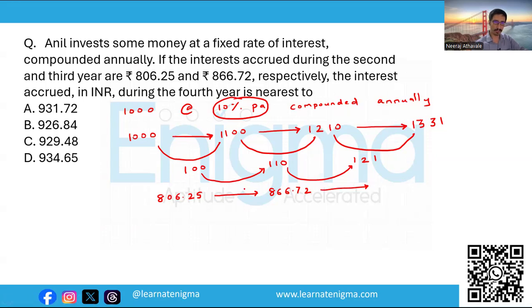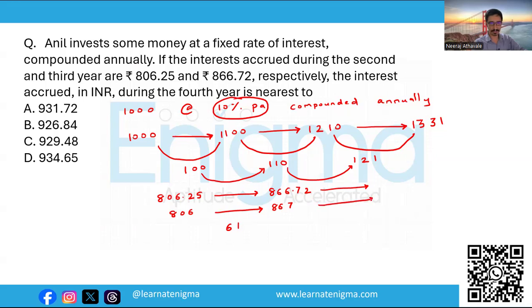Now, for the question to become simple, let's approximate some values because these decimal values are making it quite difficult. So let's assume that this is 806 and this becomes 867. Okay. So we can see that there is an increase of 61.